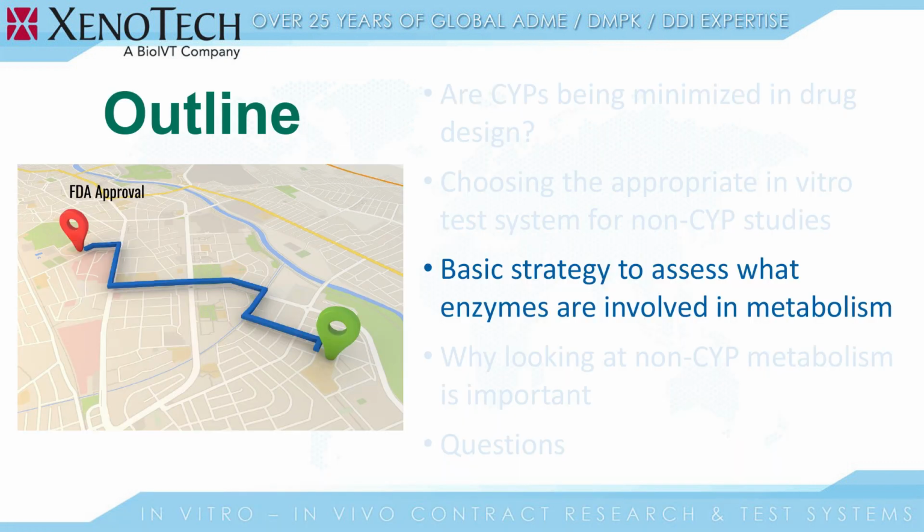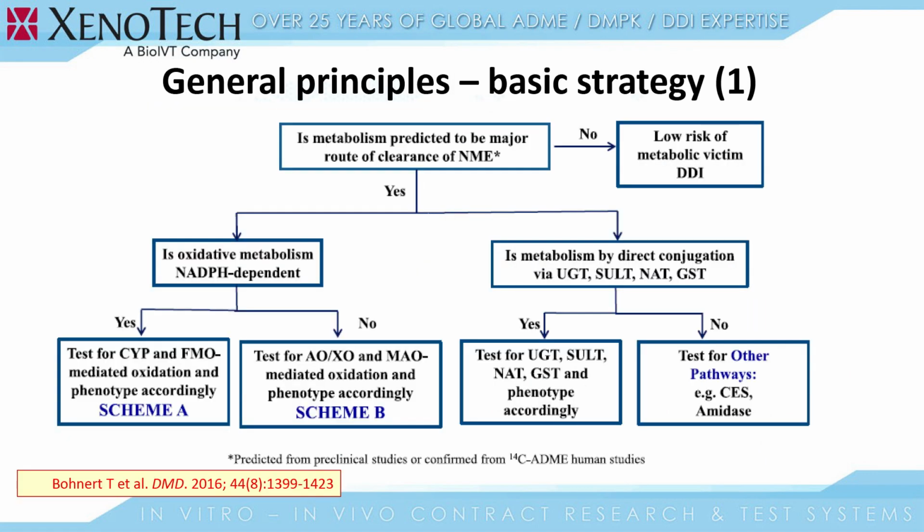Now, I'd like to present a basic strategy that can be employed to assess what enzymes are involved in the metabolism of a drug. So these next few slides are from a 2016 IQ Consortium paper that pretty much provides a flowchart to follow when assessing the potential enzymes involved in the metabolism of a drug.